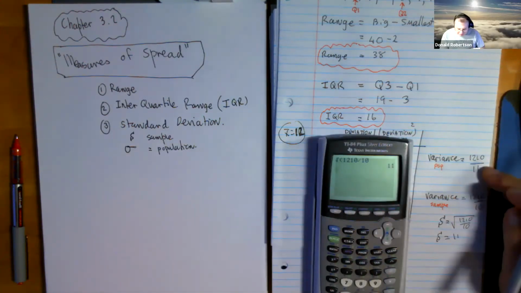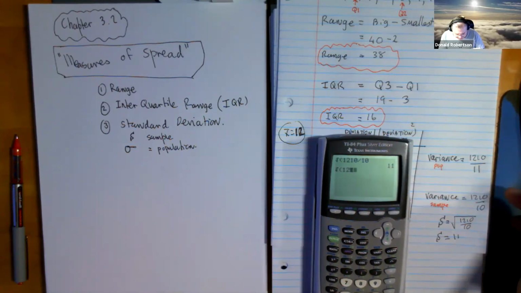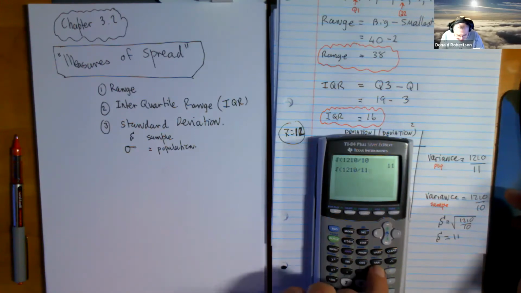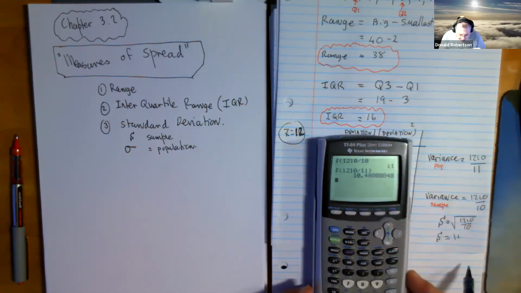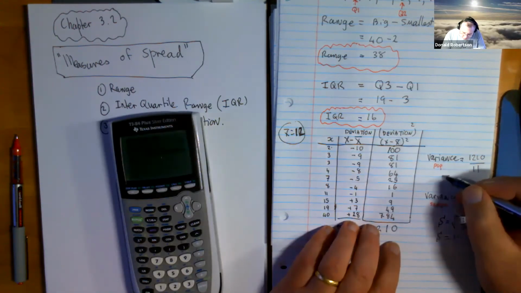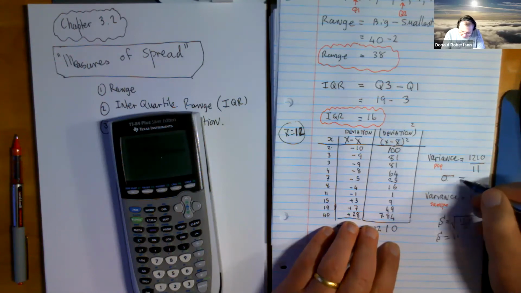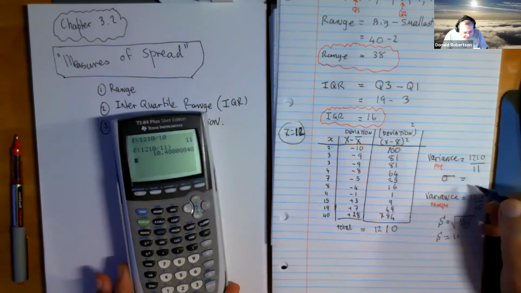And the top one, it's going to be the square root of 1210, but divided by 11. And that's about 10.5 roughly. When it's a population, the standard deviation uses that Greek letter called sigma. In this case, it's 10.5.